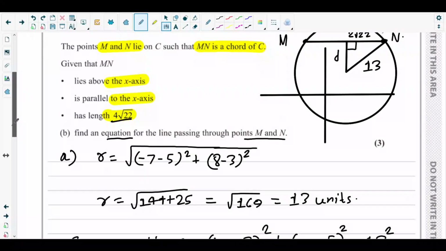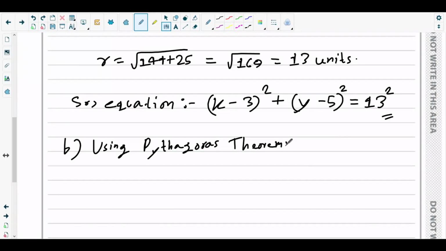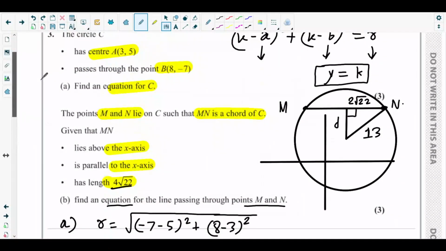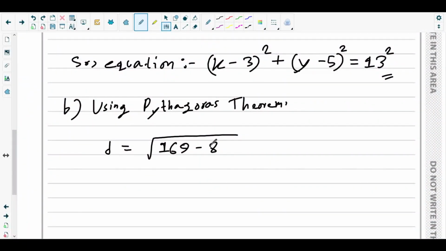We can easily find the value of d using Pythagoras theorem. d is the square root of 13 squared, which is 169, minus the square of 2 root 22, which is 4 times 22, that is 88.